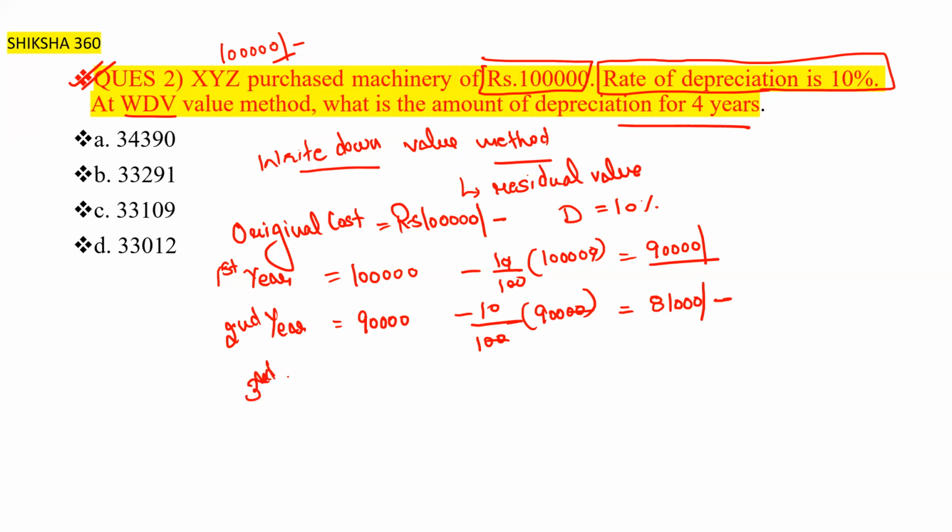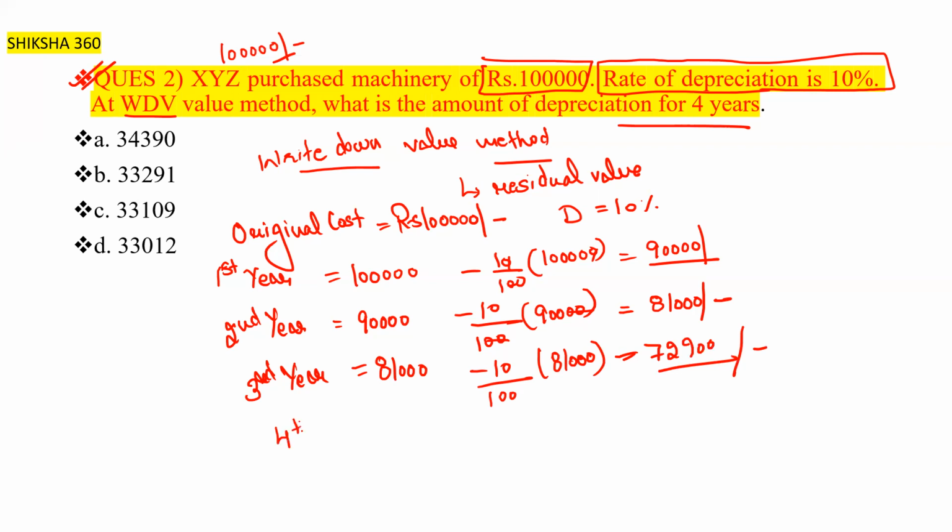Third year, 81,000 minus 10% of 81,000, which means 81,000 minus 8,100, that is 72,900. This is the value after the third year.